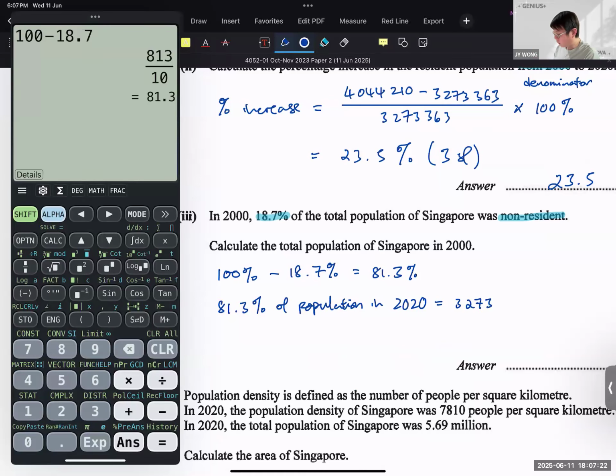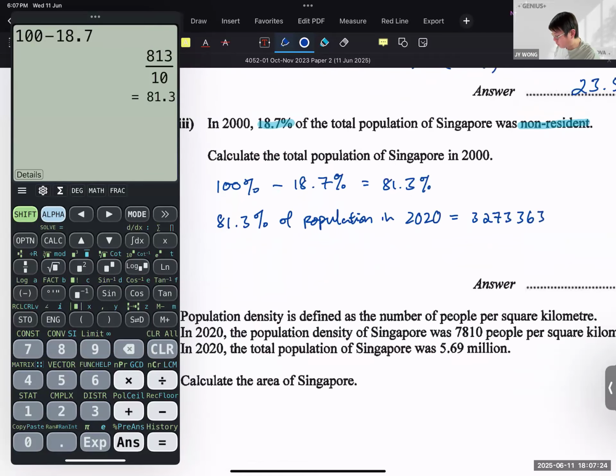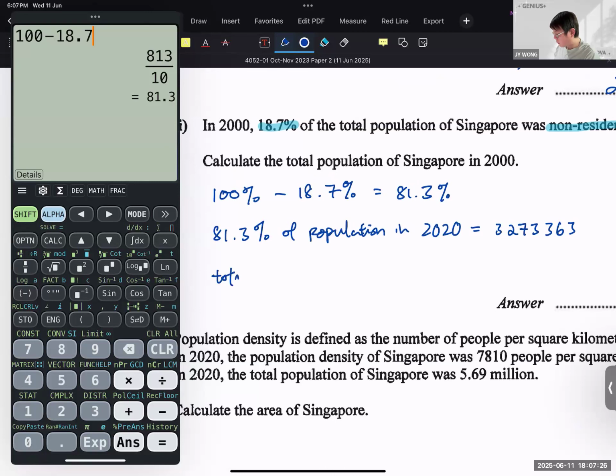Right? And therefore, total population in 2020 is given by 327,3363 divided by 81.3 times 100.